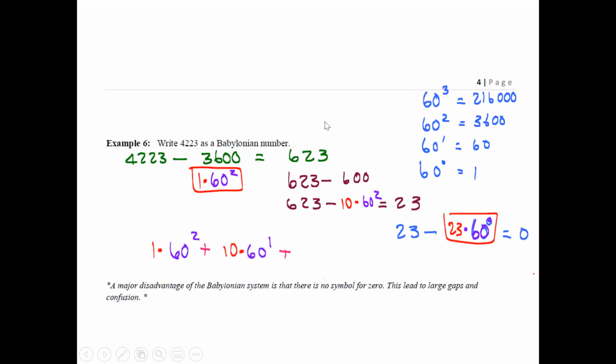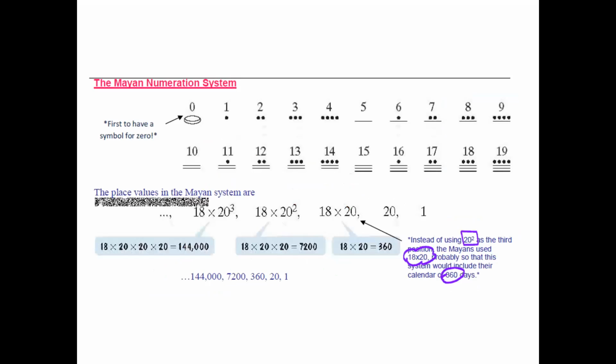So then drawing these numbers that I converted from the previous example, first one's a V, less than, V, V, V. Okay, this is the Mayan numeration system.